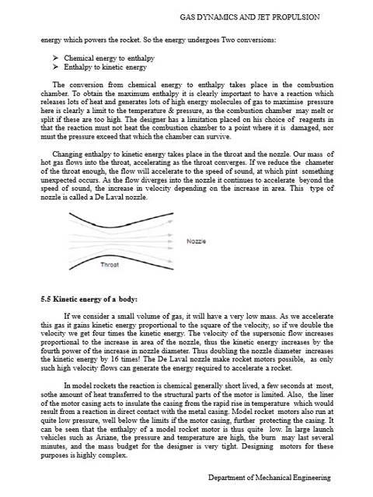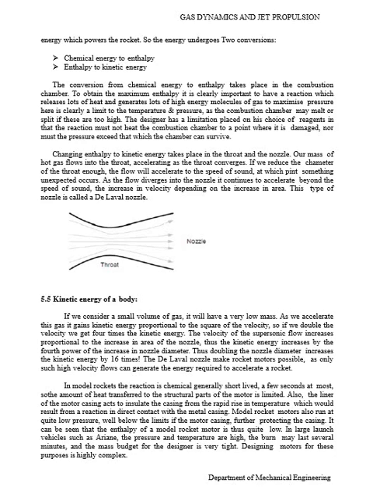The designer has a limitation placed on his choice of reagent, in that the reaction must not heat the combustion chamber to a point where it is damaged, nor must the pressure exceed that which the chamber can survive. Changing enthalpy to kinetic energy takes place in the throat and the nozzle.